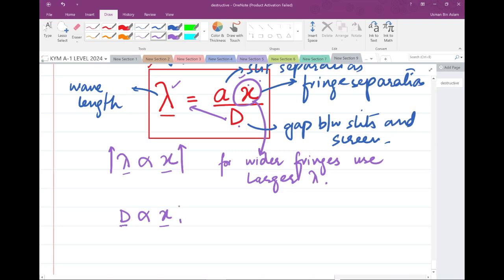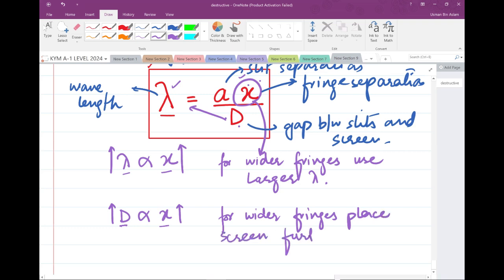That means if I want bigger fringes, I need to place the screen at a longer distance. So for wider fringes, place the screen further away. I'll give you a relatable example about this. If you have seen a projector, if you place the screen closer to the projector, the image formed on the screen is going to be smaller.